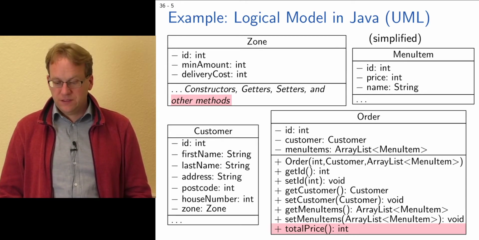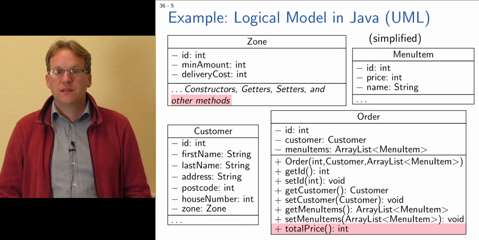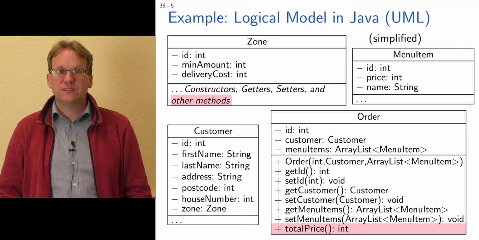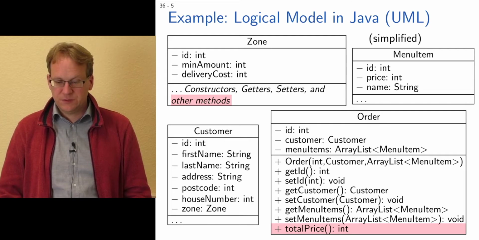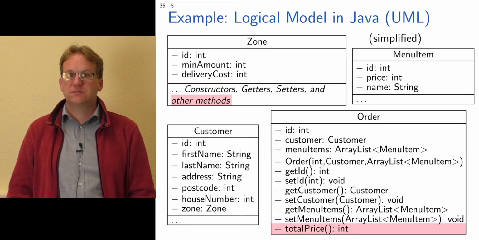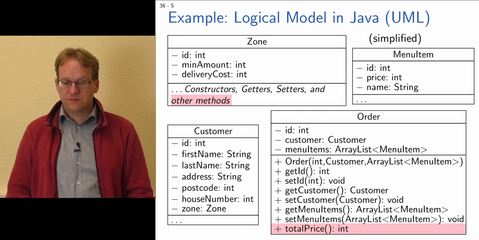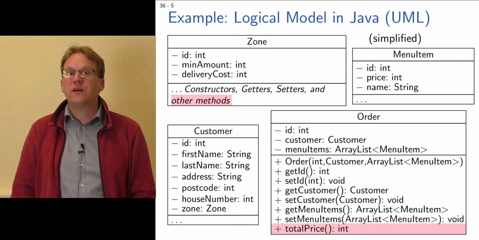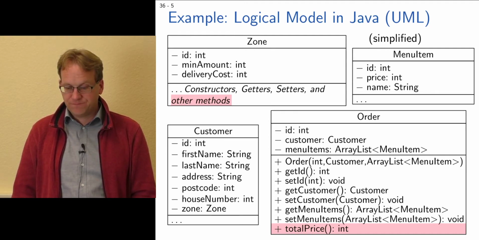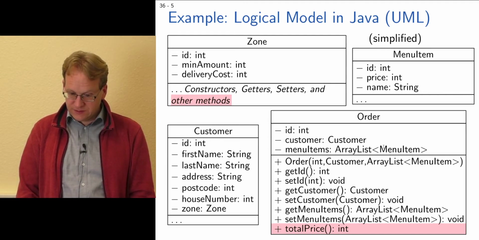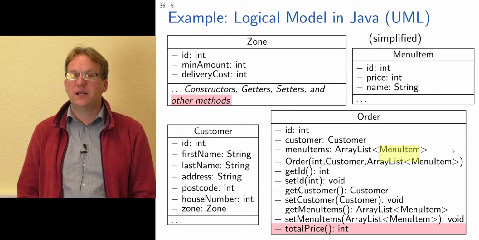You may think of a class disk, for example, and a method compute area which can compute the area of a disk object based on its radius or something like that. But here it's the total price for our order class computed based on the menu items in our menu items list.